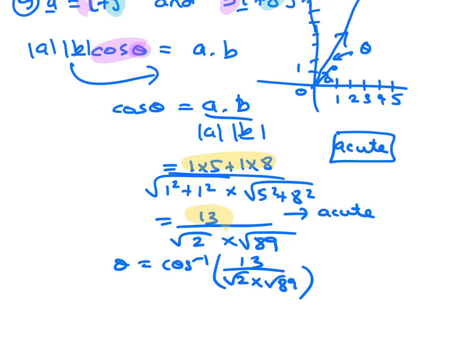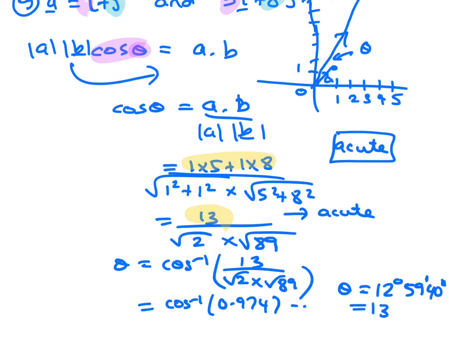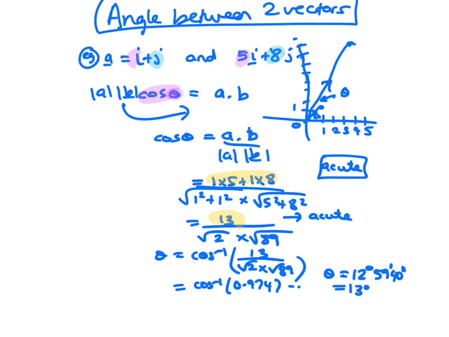You get cos inverse of 0.974, etc. So theta will equal 12 degrees 59 minutes 40 seconds. So it's about 13 degrees to the nearest degree.